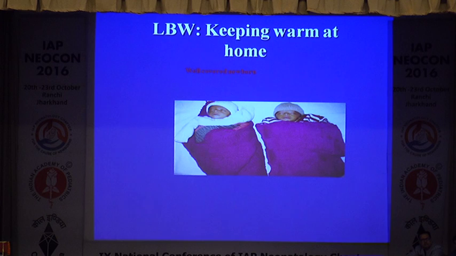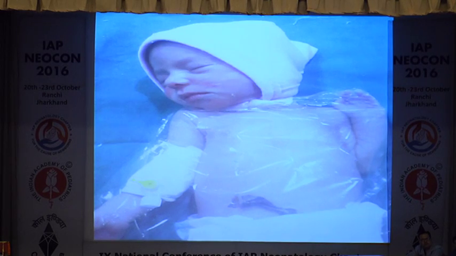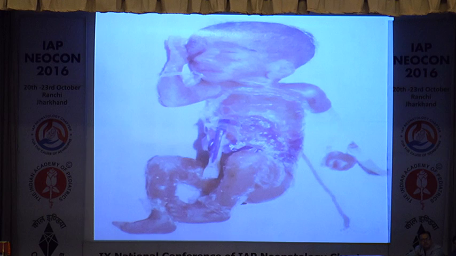We can keep such babies very much covered. This is a thin plastic sheet we are using, particularly in our places, in prematures and low birth weight babies, to cover them. This is cellophane, but it is not available in most places.